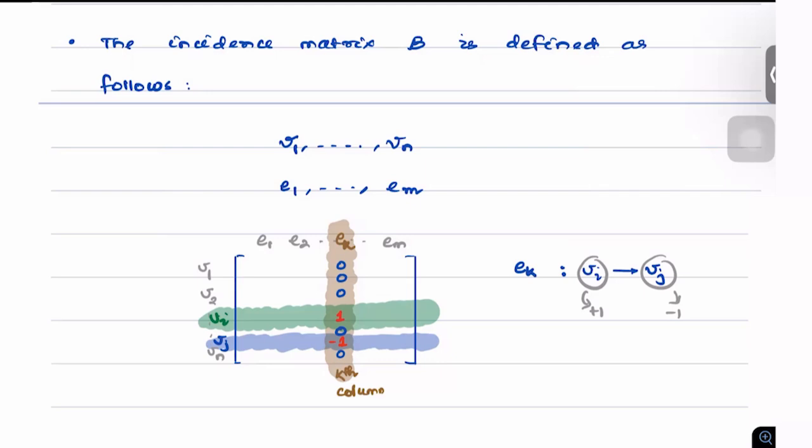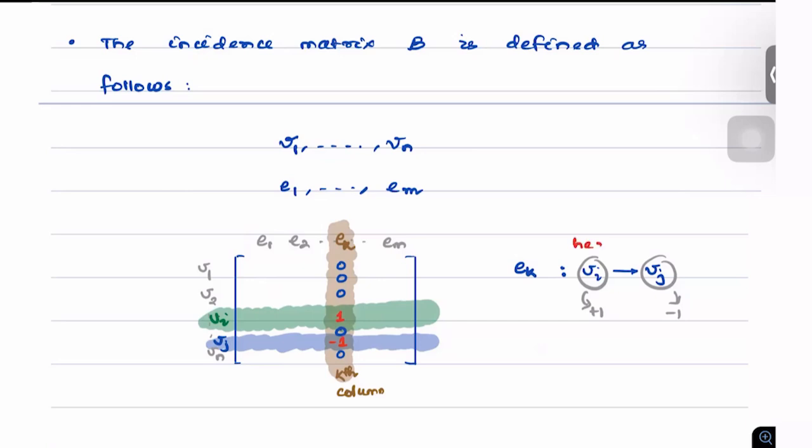We can follow a similar style for every other column as well. Because every column is associated with a certain edge, we look at that edge and figure out what node it starts from and where it ends, also known as the head and tail.